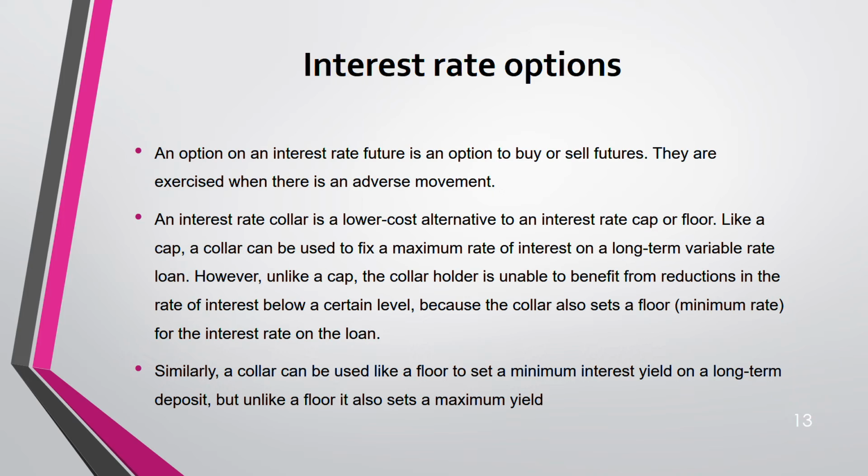Same way for cap, you can go down as much as possible. There is no limit to the downside for cap. For floor, you can go up as much as possible. But when collar comes, neither can you go up above a certain level, nor can you go down below a certain level. Hence, collars are less expensive than cap and floor alone.